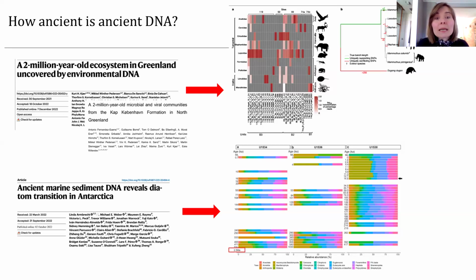The first is a record from the permafrost in Greenland, where it was possible to retrieve traces of terrestrial vegetation and terrestrial animals. The other record, spanning more than 2 million years, is from sediment cores from Antarctica, where sequences of diatoms were very well recorded.